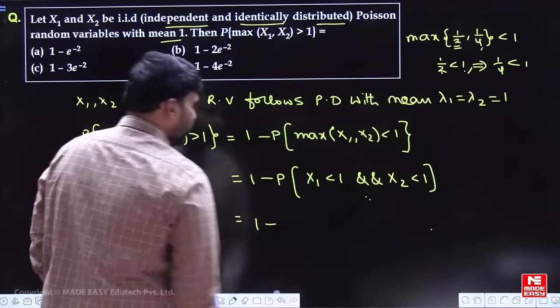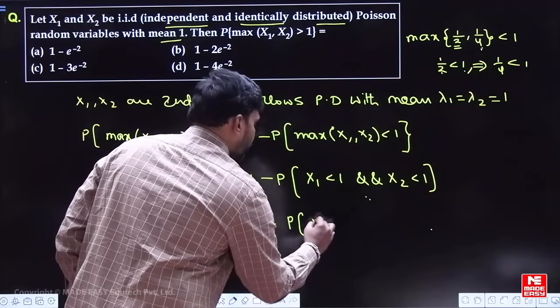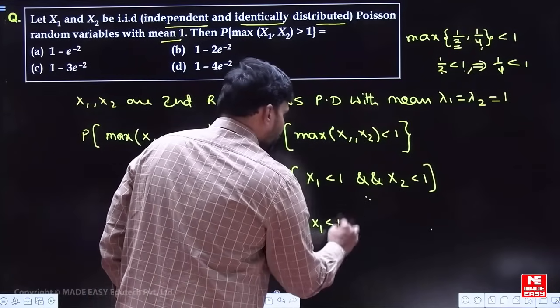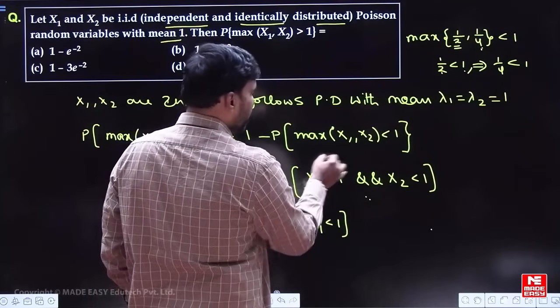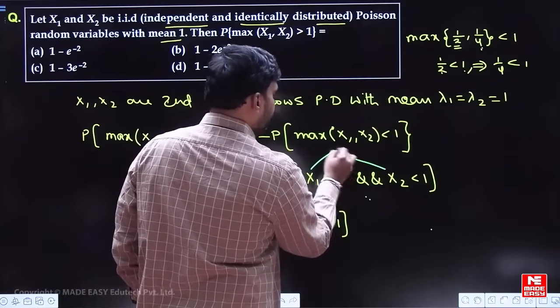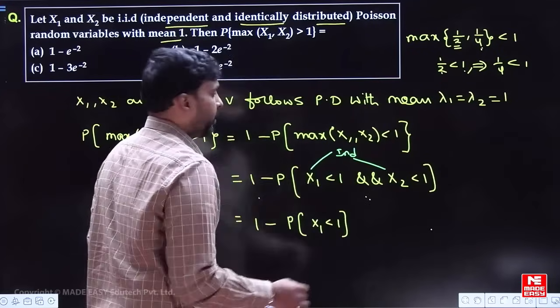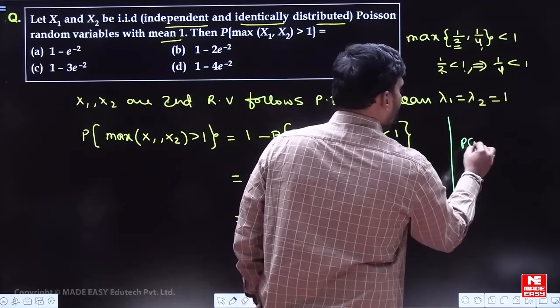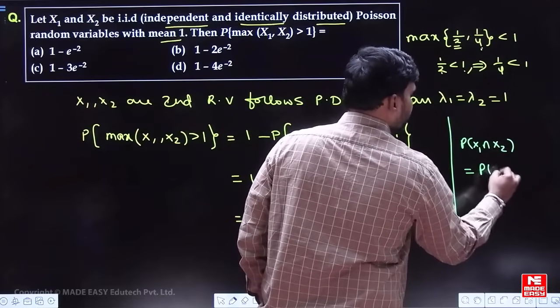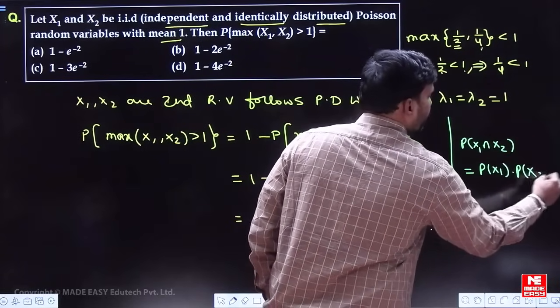So in this case the probability of x1 less than 1, and you know these two are independent random variables. Since they are independent, the probability of x1 intersection x2 is given by the probability of x1 into the probability of x2.